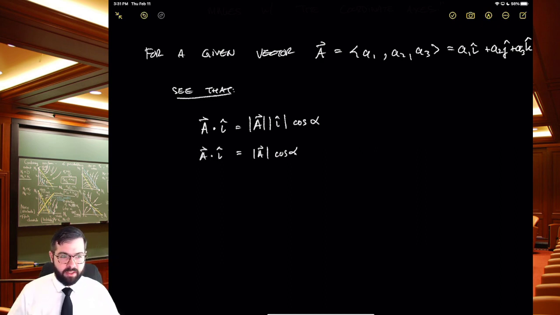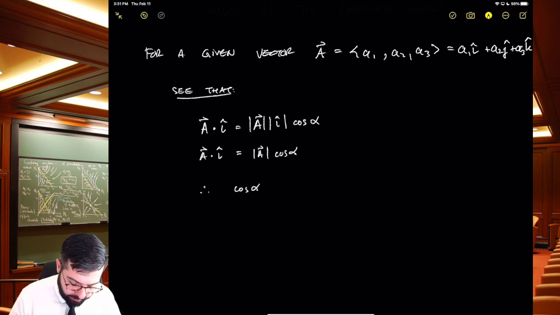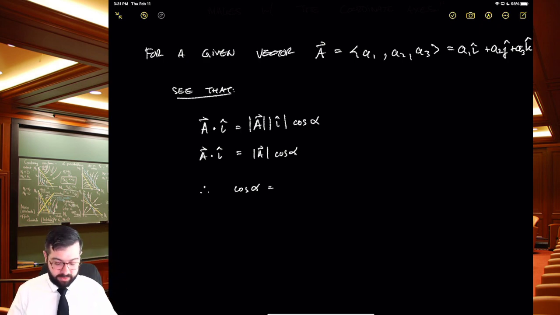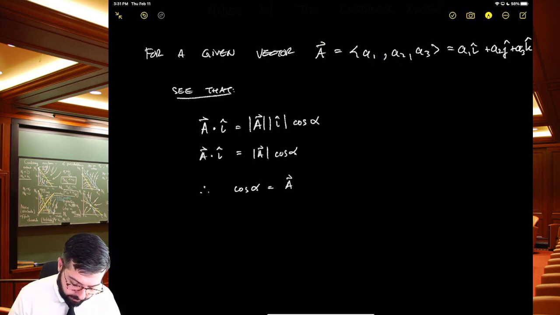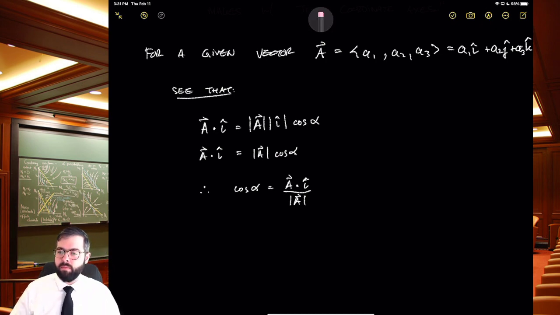And so what does that tell us? It tells us that cos alpha, the angle that A forms with the x-axis, is given by this divided by the magnitude of A. So you dot it with the basis vector.